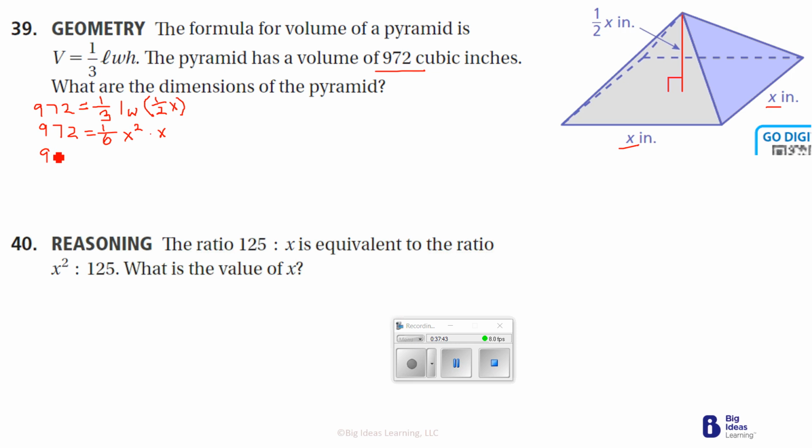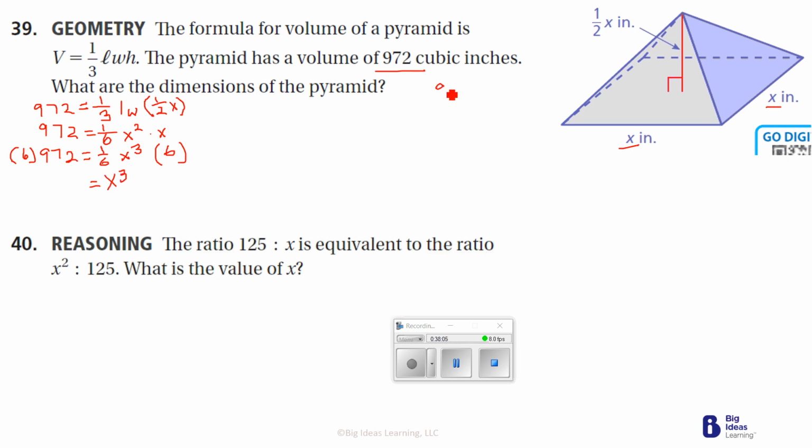So this could be 972 equals 1/6 times X to the 3rd power. Now I have to multiply by 6 to get rid of the 1/6, which means I have to multiply this side by 6. And this is going to be X to the 3rd power now.